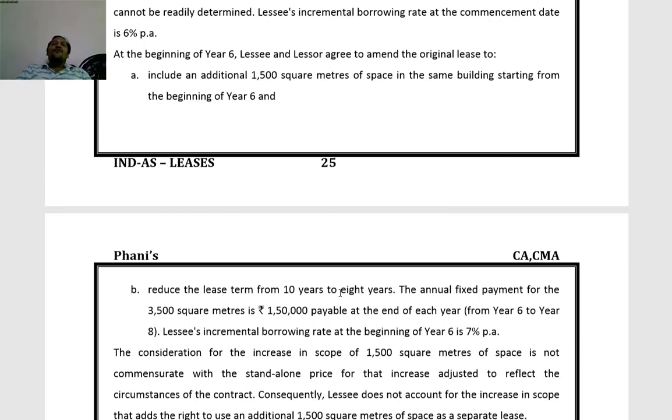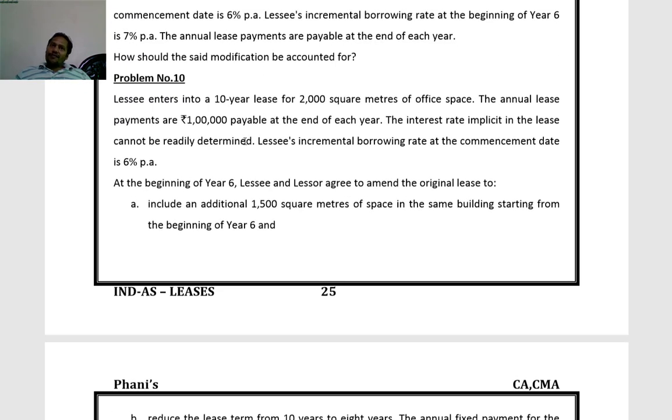Then one by one, the two modifications we can account for. So first we will start with the initial liability. Originally this is for a period of 10 years, with lease rent payable of 1 lakh at the end of each year, and 6% is the discounting rate. From that we will arrive at the initial liability.